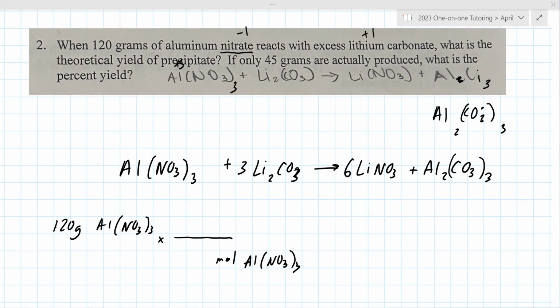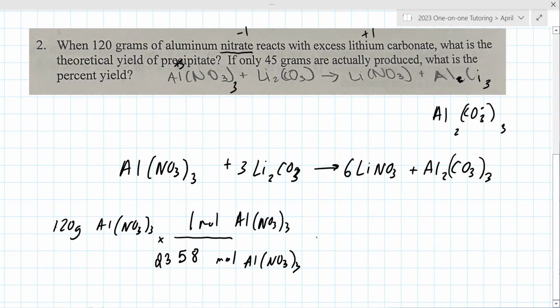I can send you a link to that in the chat here in case you don't have it. Basically, just type it in the way you have it, Al(NO3)3, and calculate. That's a big one. 213.0 grams. Okay. And that's 1 mole.